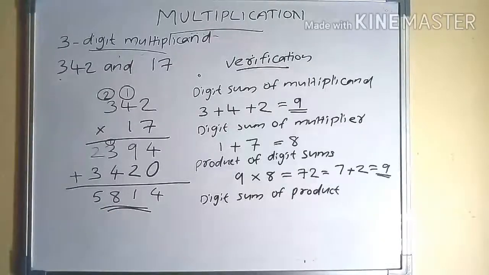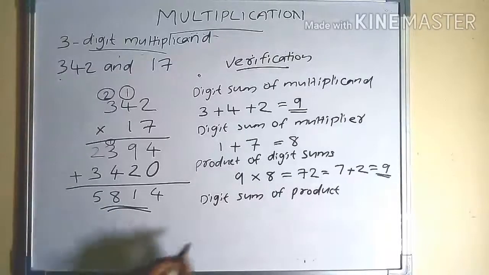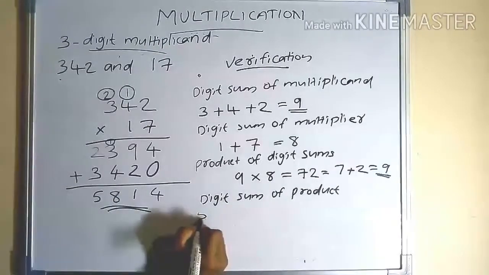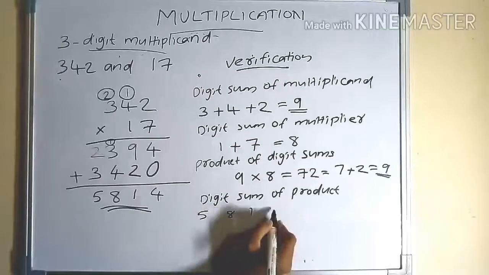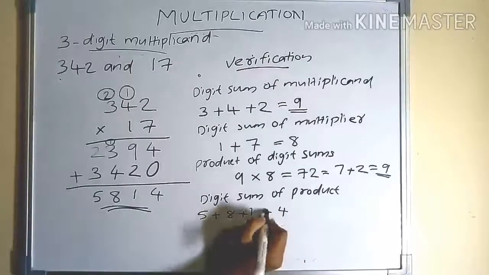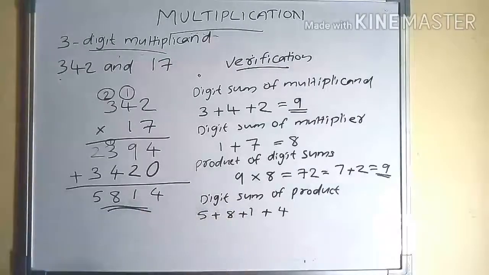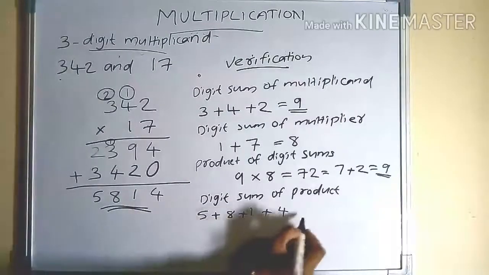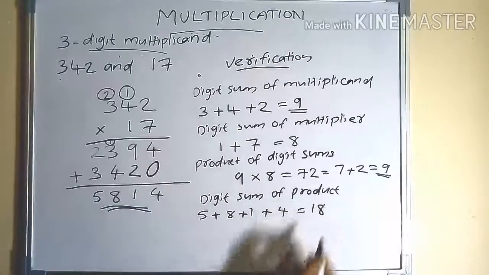So, split 5814 into single digits, that is 5, 8, 1 and 4. Next, add these 4 digits. First, we add 5 plus 8. What is the answer? 5 plus 8? 13. 13 plus 1? 14. 14 plus 4? 18.